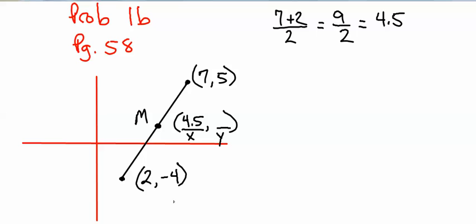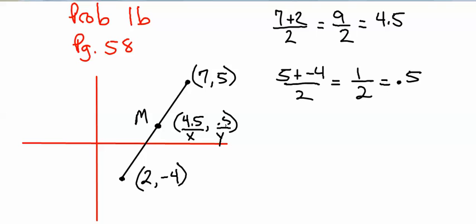To find y at the midpoint, you do the same thing. 5 plus -4 divided by 2 equals your y value at the midpoint, okay? So 5 plus -4 is 1 divided by 2 equals 0.5. So your y value at the midpoint is 0.5.